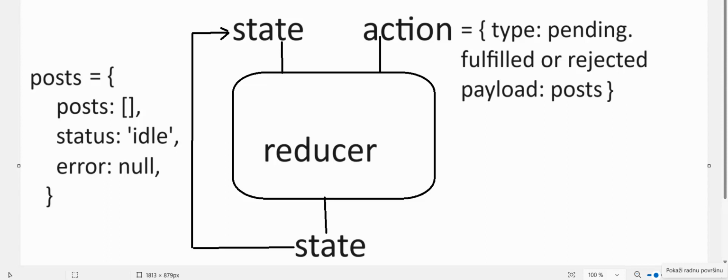And because of that we have status and error. Status and error communicate with the user interface, because the status is succeeded.